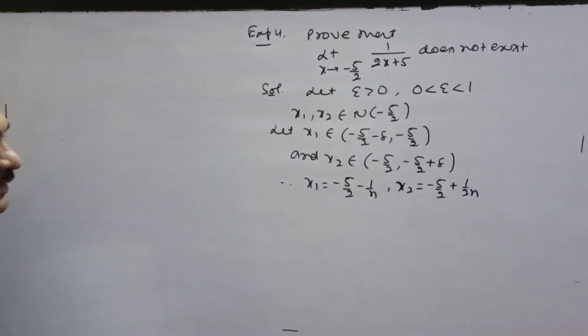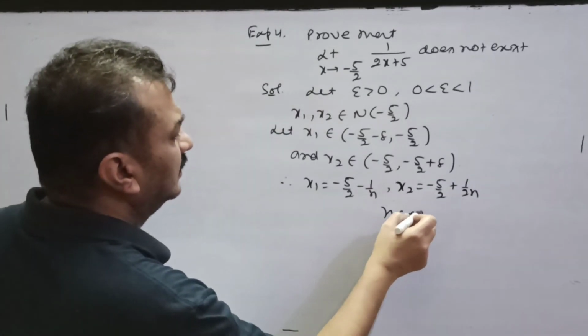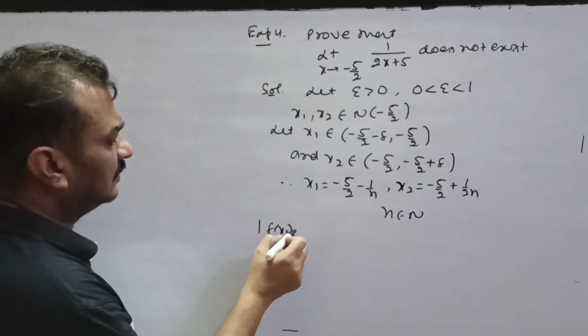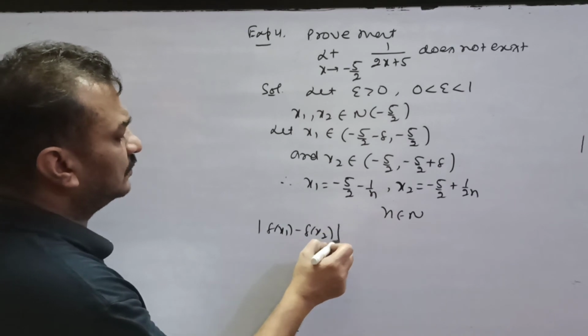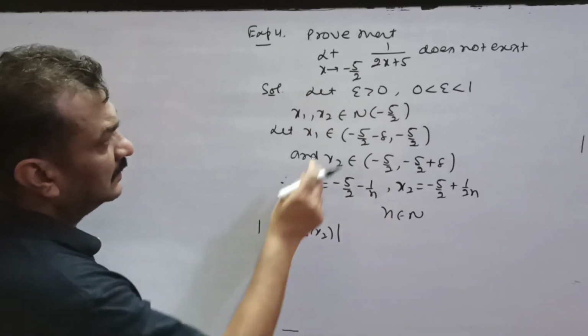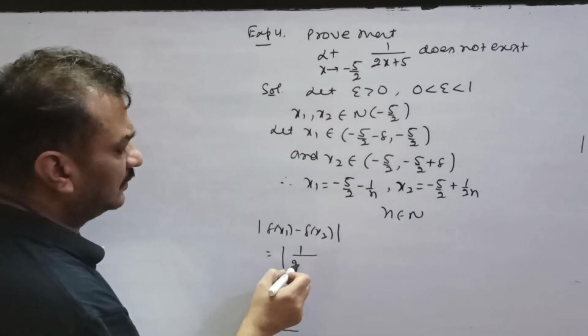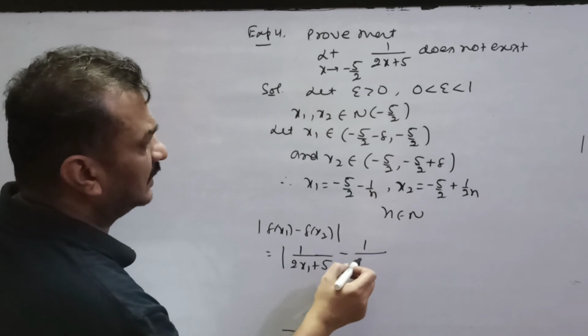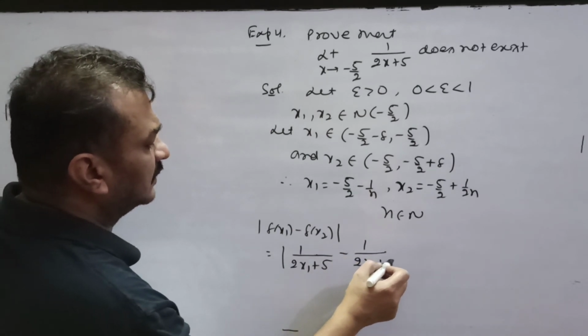So f(x1) minus f(x2) equals 1 by (2x1 plus 5) minus 1 by (2x2 plus 5).